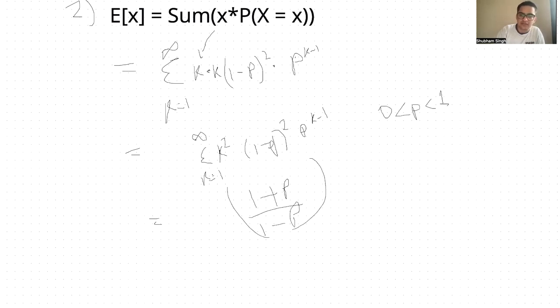Personally, I don't know how to solve this by hand, so if you know, let me know down in the comments. I would appreciate the explanation for this.